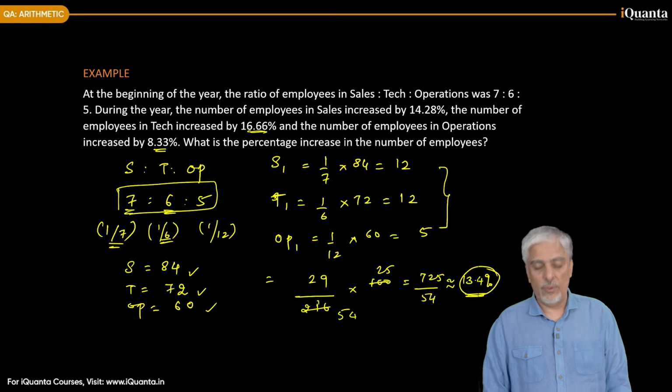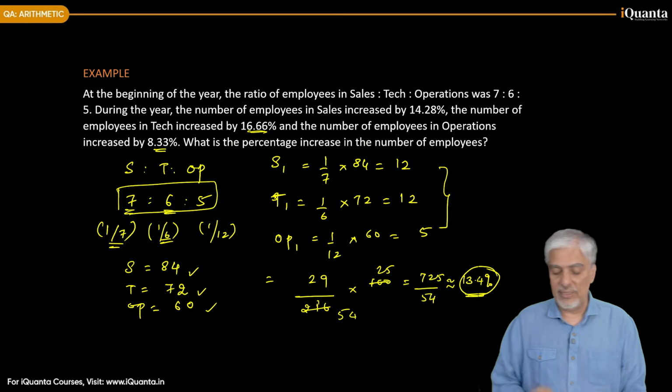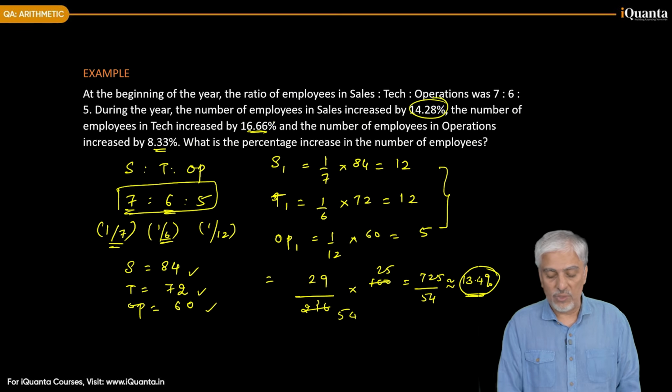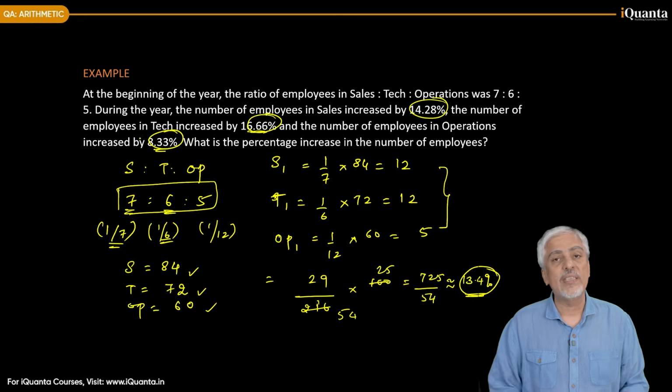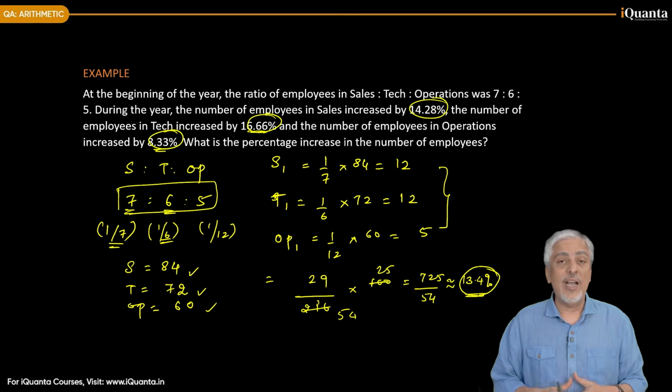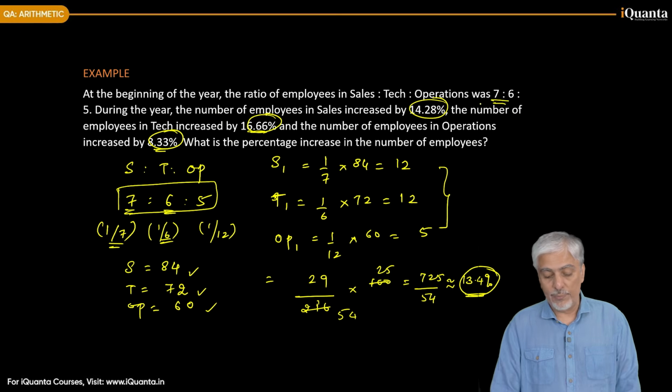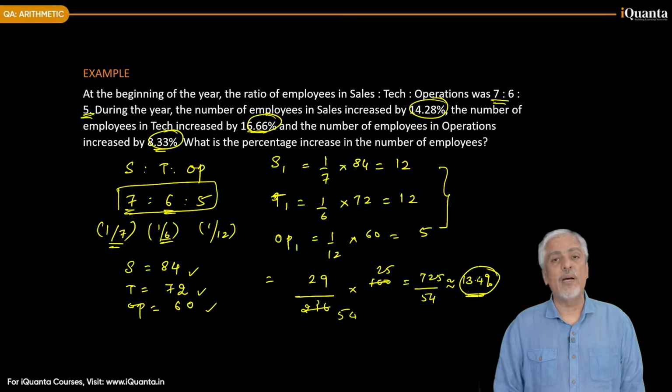Now, why could we not use successive percentage change over here? Why could we not just take these three numbers and apply successive percentage change? We can't do that because of one very important rule: the number of employees is not the same in each department. Only if the number of employees in each department was the same could we have applied successive percentage change.